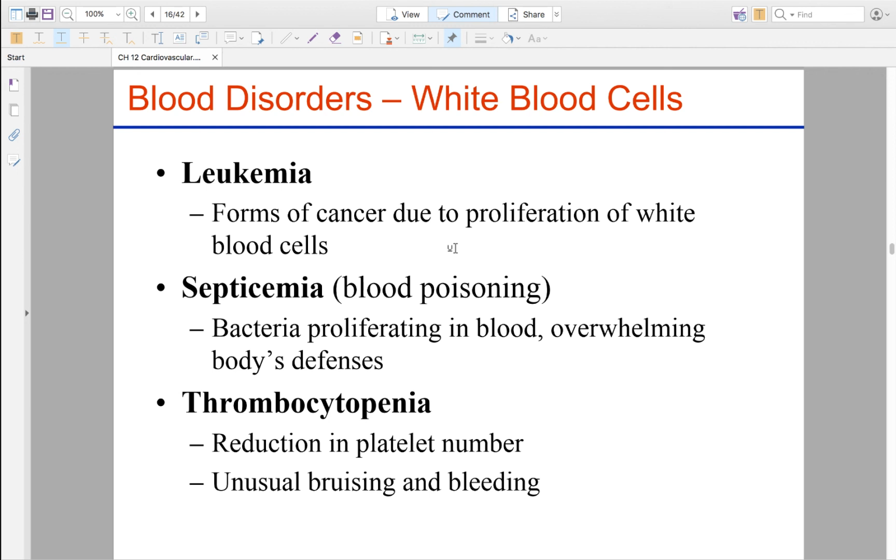It has overwhelmed the body's defenses, and that is called septic or blood poisoning. Thrombocytopenia. Now this is not horrible, but it's not great. This is when platelets are low, and it's going to lead to bruising and unusual bleeding. Not good, not great at all.